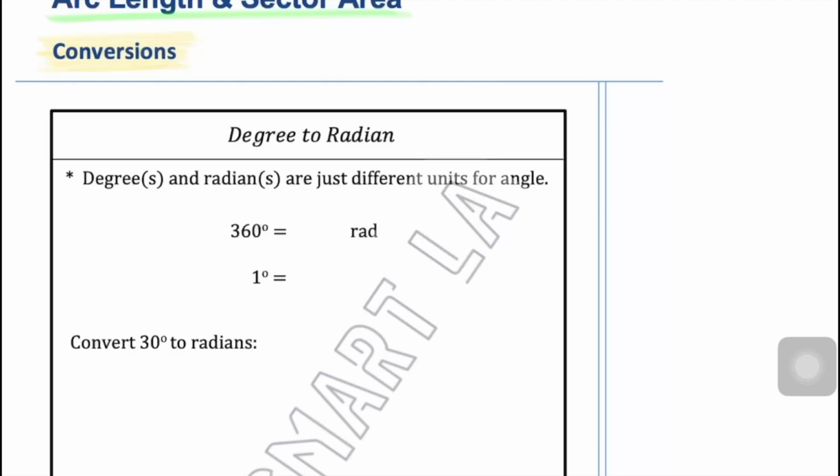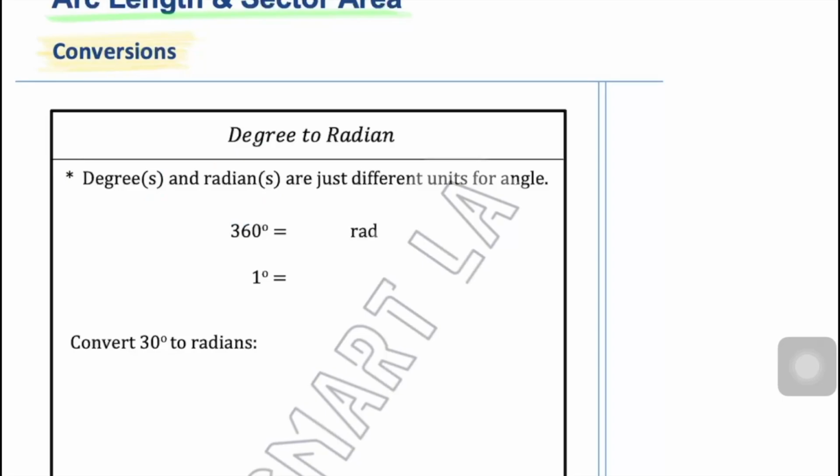So just like money, angle itself has two different units. One is the degree, and one is this thing called the radian. If they are used to represent the same thing, which is angle, that would mean that you should be able to convert from one form to another, right? And that's what we'll be doing here.